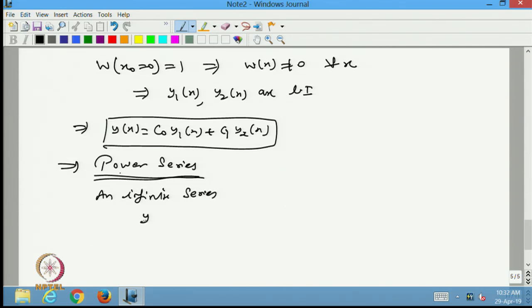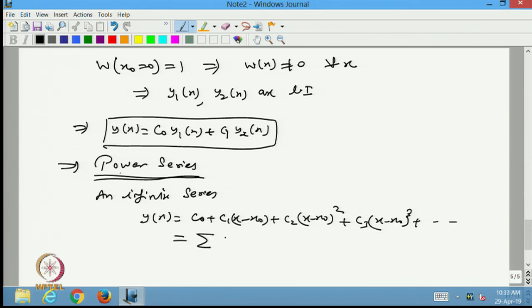An infinite series of a function y(x) is equal to C0 plus C1 (x minus x naught) plus C2 (x minus x naught) square, plus C3 (x minus x naught) cube, and so on. This one I can write as the sum of Cn (x minus x naught) power n, from n equal to 0 to infinity.